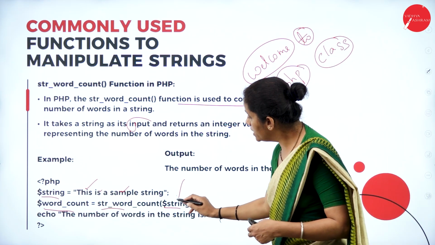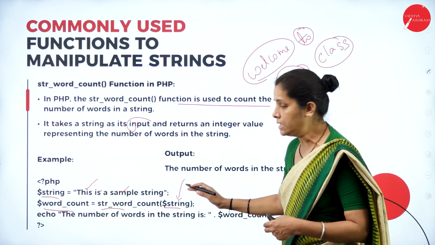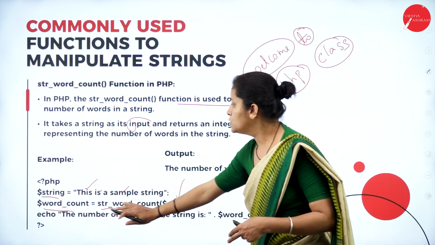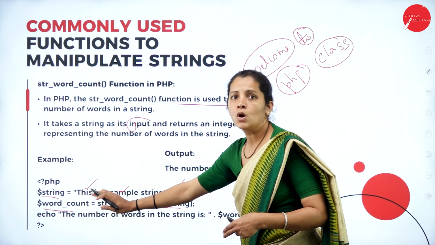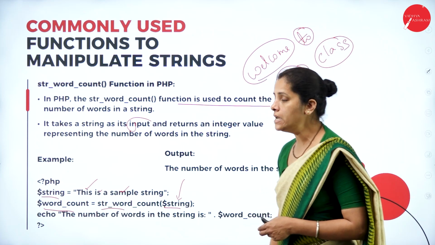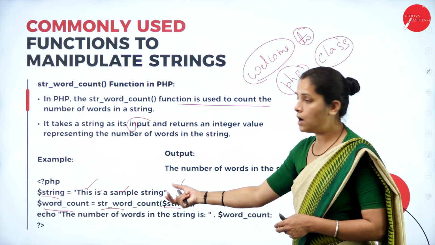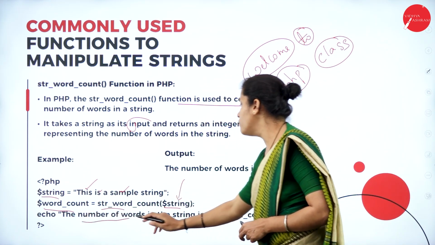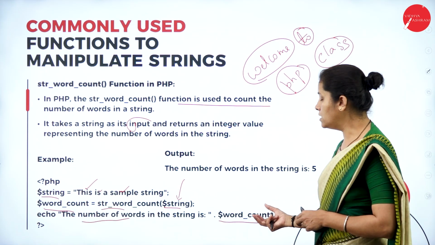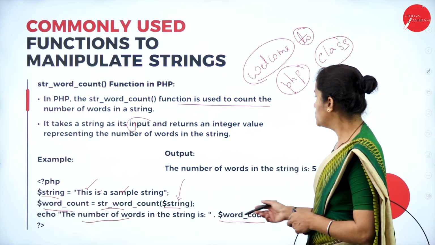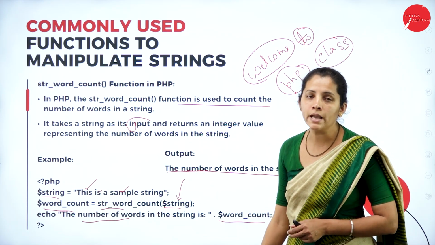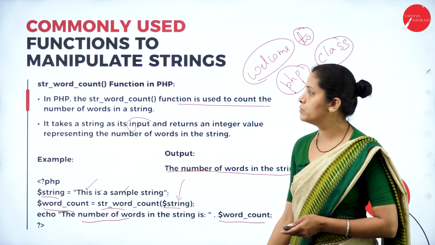The input is this string and the function returns an integer as output. So word count holds the value 5 now. Now I'll display the number of words in the string, which is 5. What's my output? 5 is my output.